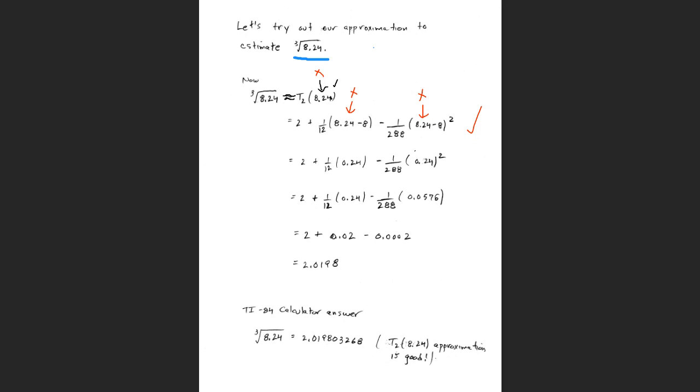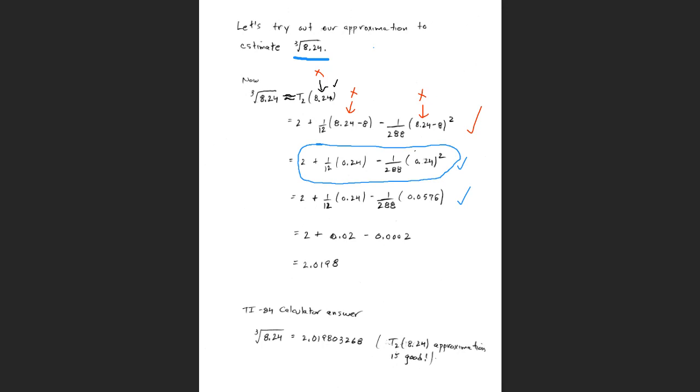So when we go through the evaluation process, all that's involved in computing this value here, 2 plus a 12th times 0.24 minus 1 over 288 times 0.24 squared, what do you have? You have addition, subtraction, multiplication, and division.